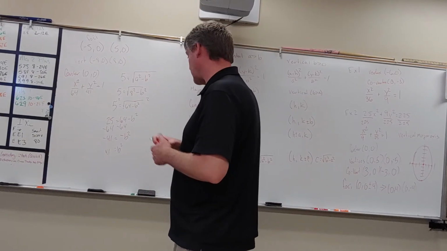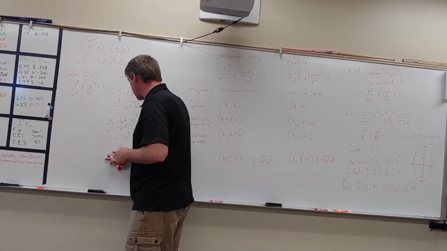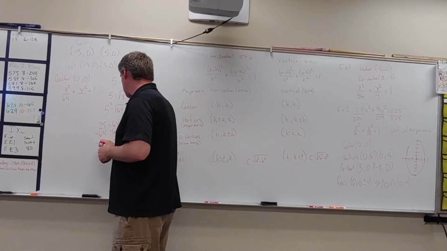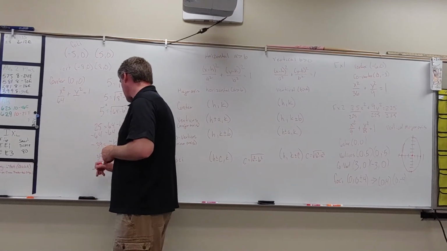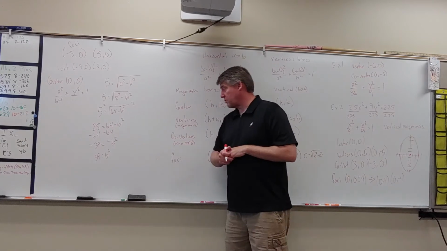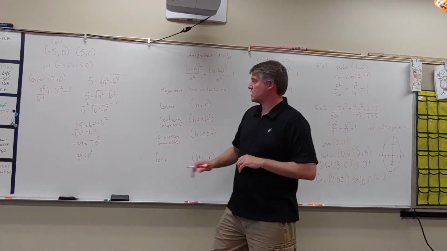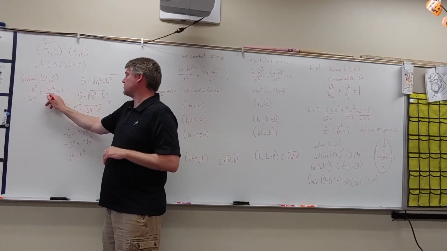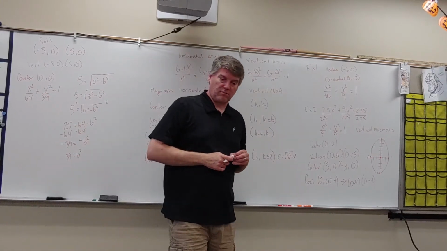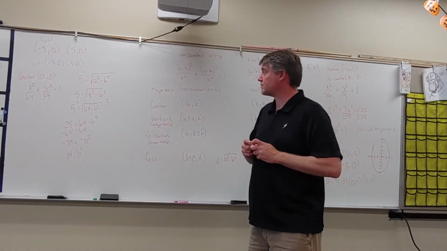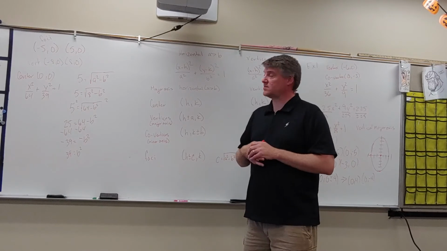Let's see. And of course I did that wrong. This is 39, sorry. Right? 64 minus 25 is 39. So 39 becomes my b squared. Okay? So that's ellipses.